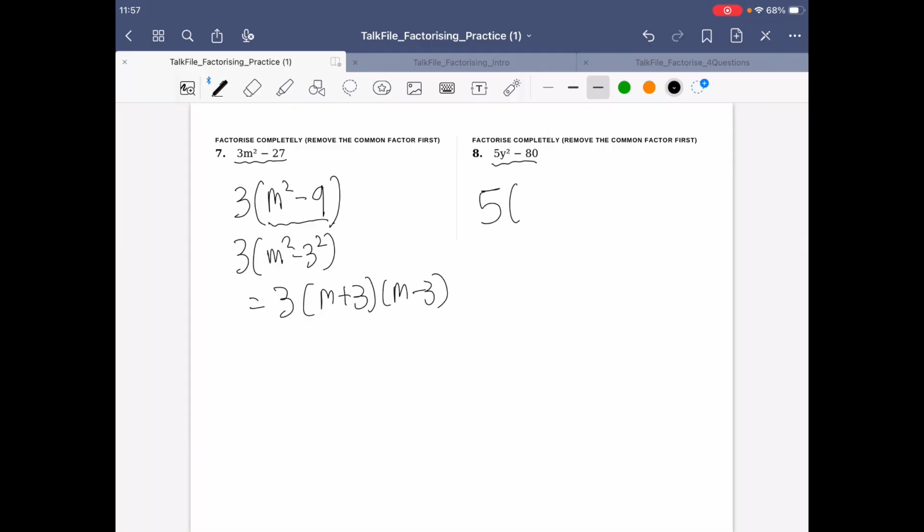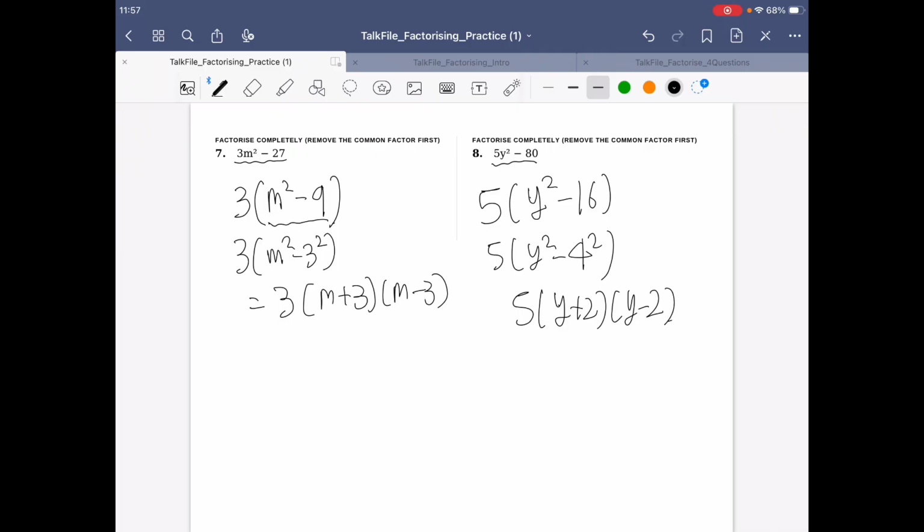If you take out 5, then y squared minus 16, then it's y squared minus 4 squared, and that's how you get 5 and y plus 4 and y minus 4. Sorry, it's my bad, it should be 4. Plus 4 and minus 4.